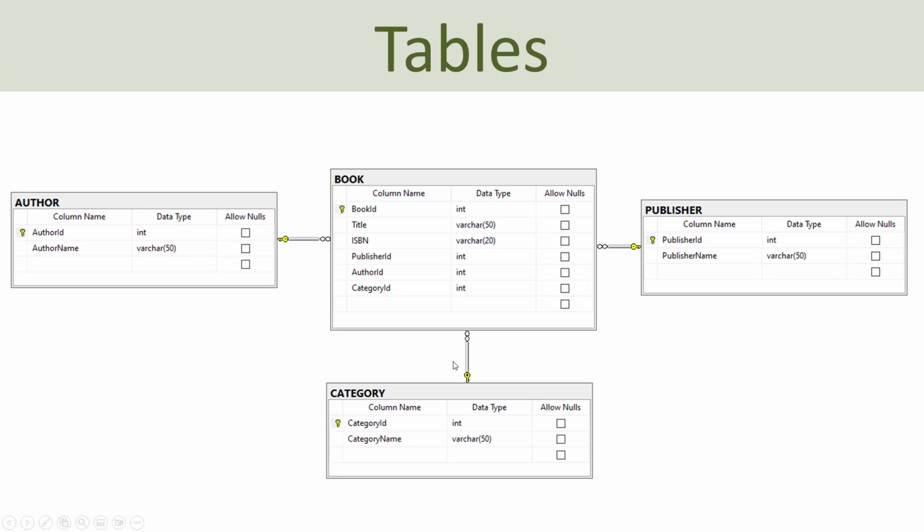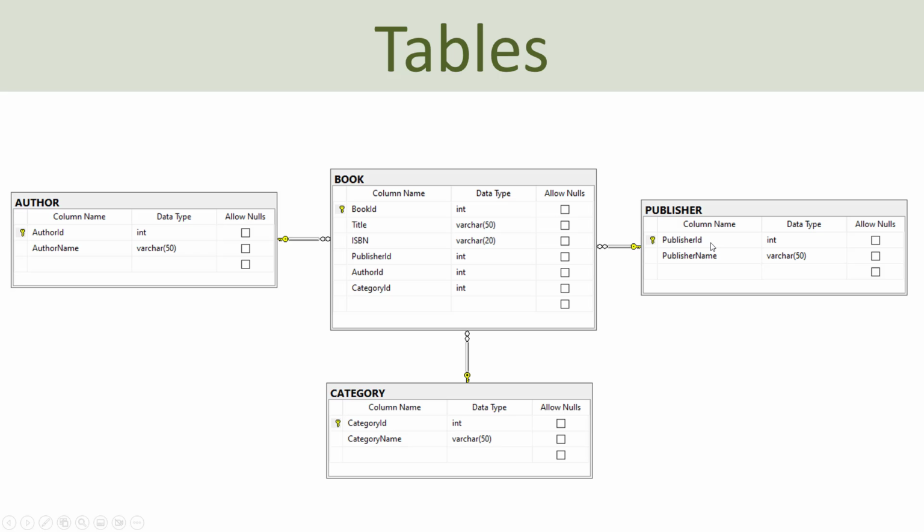So these are the tables that we are going to use in this example. The main table is this book table. We have book ID, title, ISBN number, publisher ID, author ID and category ID. And these are foreign keys to these three tables. So publisher ID is a foreign key to the publisher table that we have here.